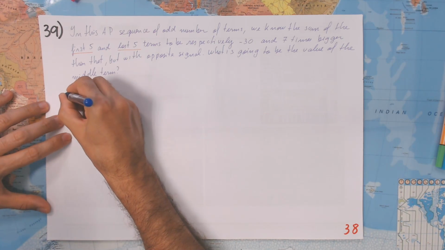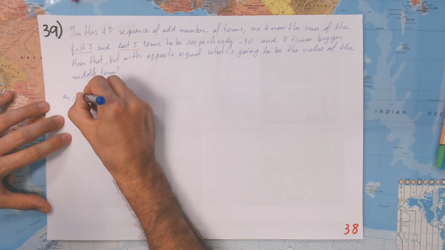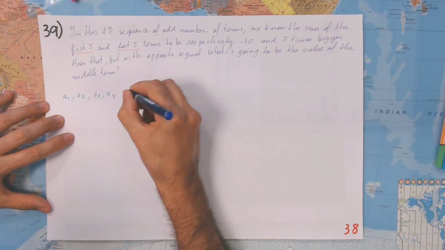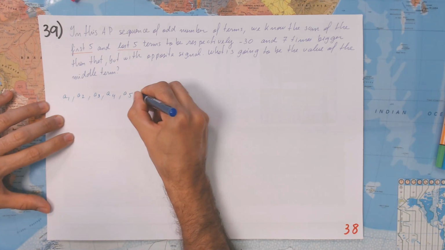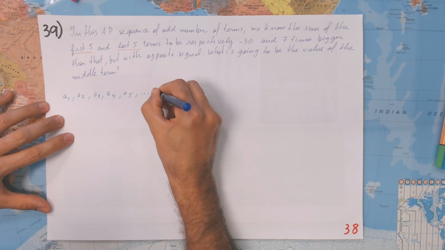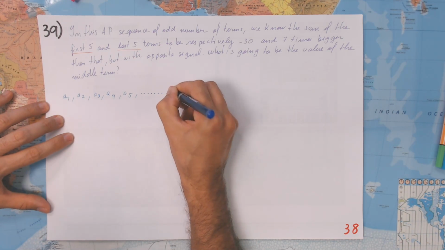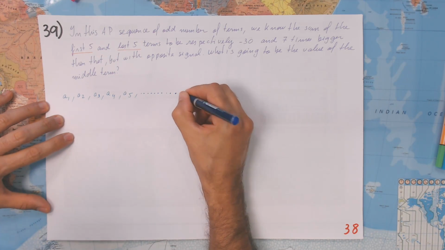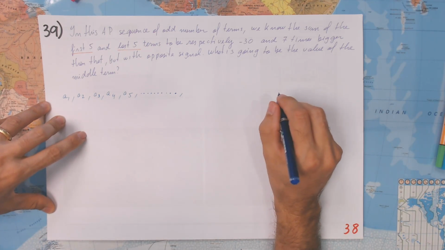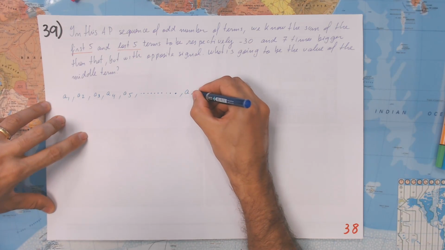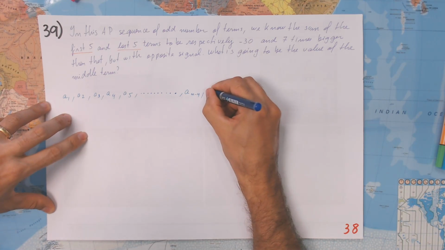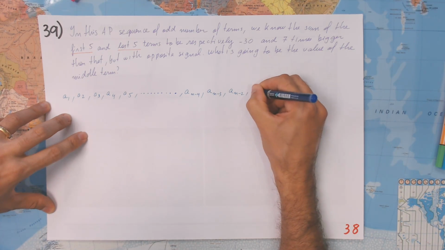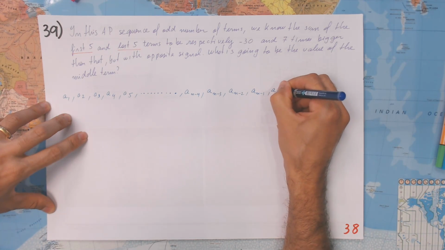Now, let's write A1, A2, A3, A4, A5. I have no idea what is in between, right? Because I don't know if I have maybe 10 or maybe 20 or maybe 100 terms. It's not being said to us. Now A n minus 4, and let's write the last 5: A n minus 3, A n minus 2, A n minus 1, and finally A n.